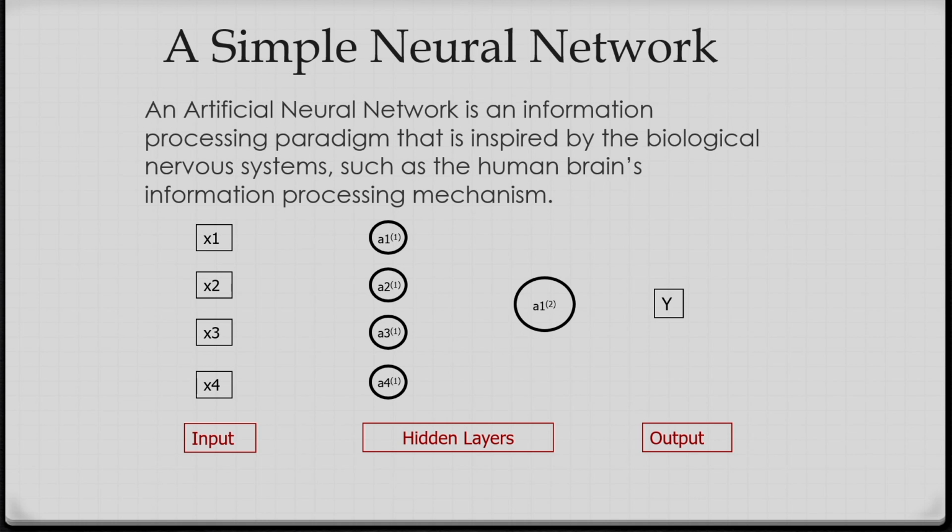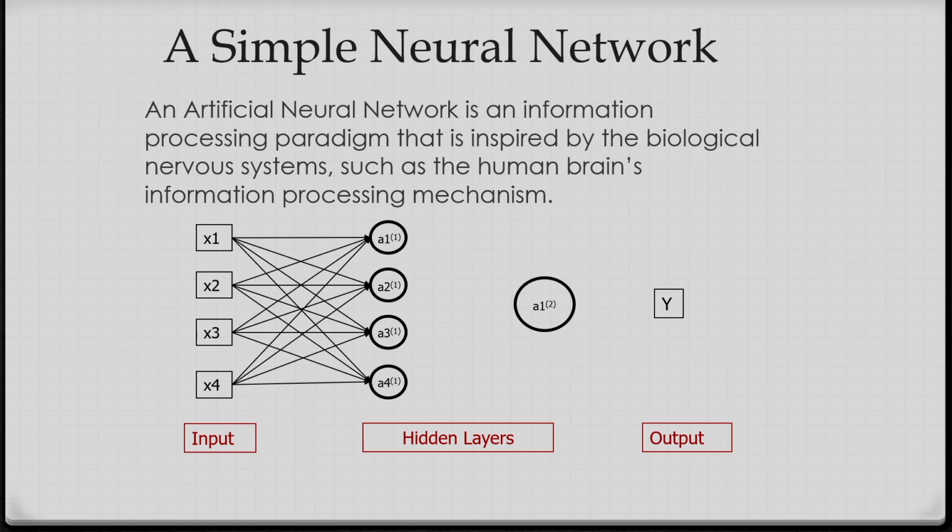In the output layer only one node is available. So I am considering this artificial neural network. You can see the inputs x1, x2, x3, x4, and corresponding to the hidden layer my nodes are A1, A2, A3, A4, and from these I will be getting the output.